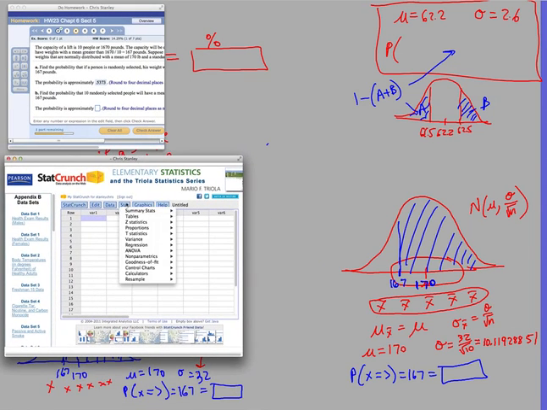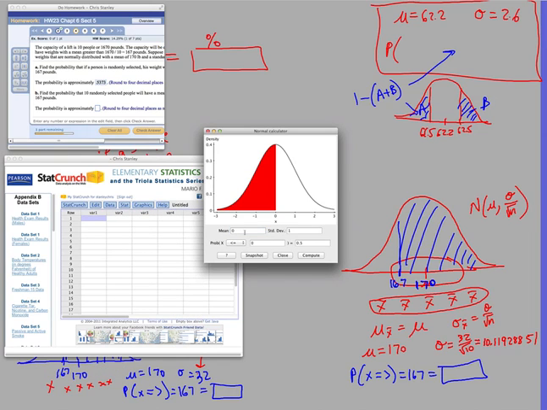Stat, calculators, normal. My mean is going to be the same, 170. The only thing that's going to change is the variability, which is going to go down to 10.11928851. All this other stuff is going to be the same. And compute. 167 to the right.